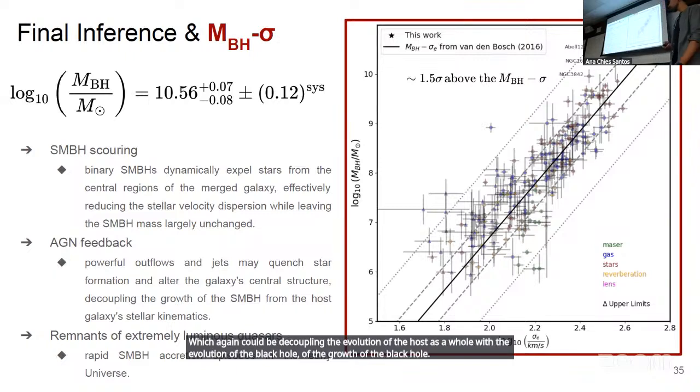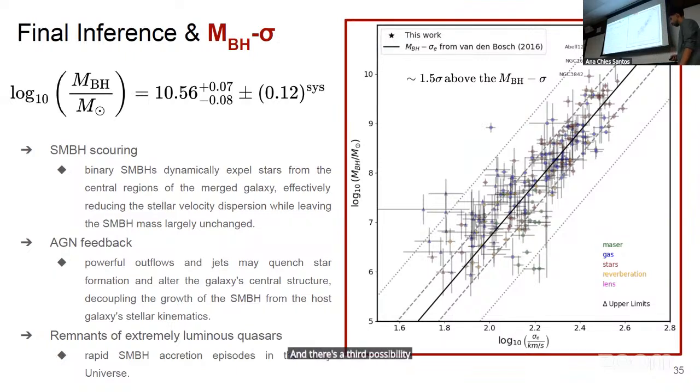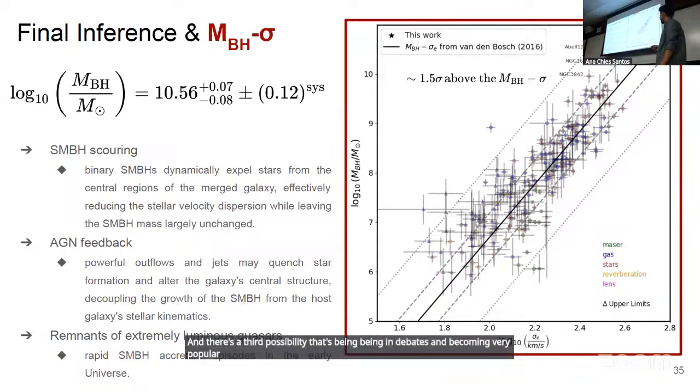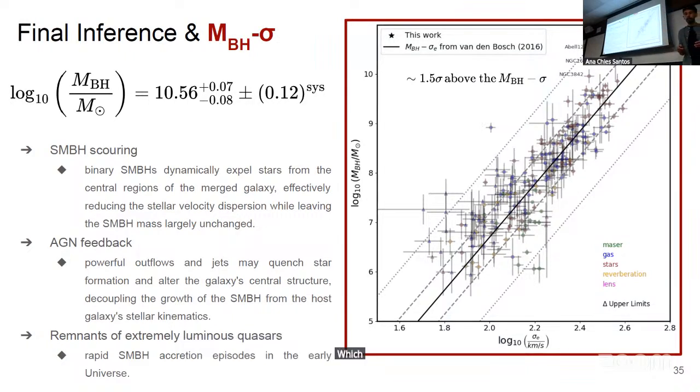And there's a third possibility that's being debated and becoming very popular nowadays: that these supermassive black holes, or ultramassive black holes right here, could be remnants of luminous quasars in the early universe, which means that these black holes were already very massive in the earliest stages of the universe.